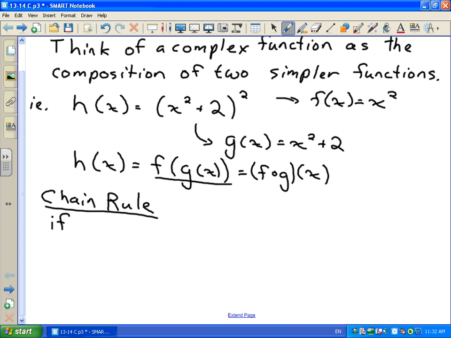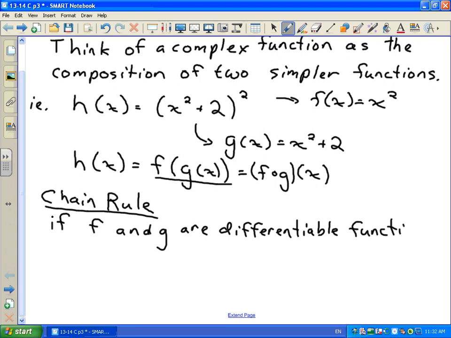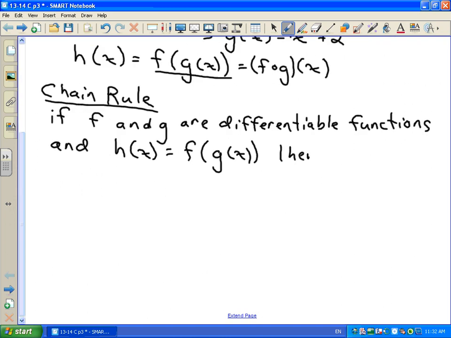First, we have the caveat that if f and g, the two functions that we're dealing with, are differentiable functions, and h of x is the composition of these two, so we'll just write it as f at g of x, then how do we find the derivative h primed at x?